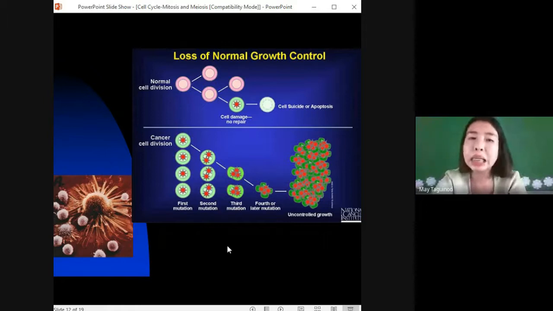It increases the number of abnormal cells that may form a tumor. What is the possible cause of this? It can be that the cell's DNA is damaged, and also because of radiation and toxic chemicals that enter our cells.